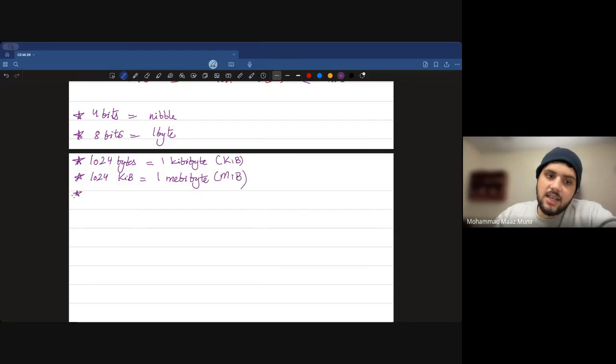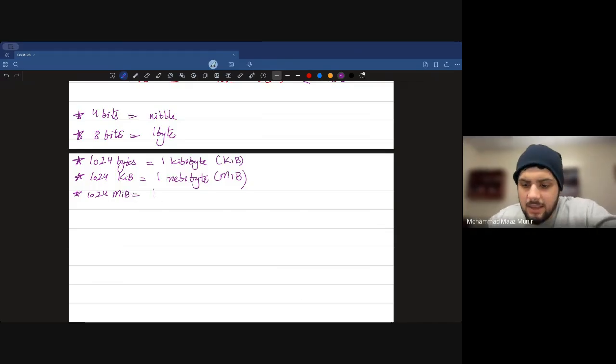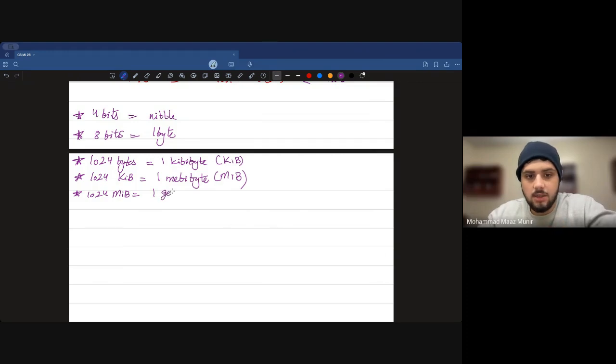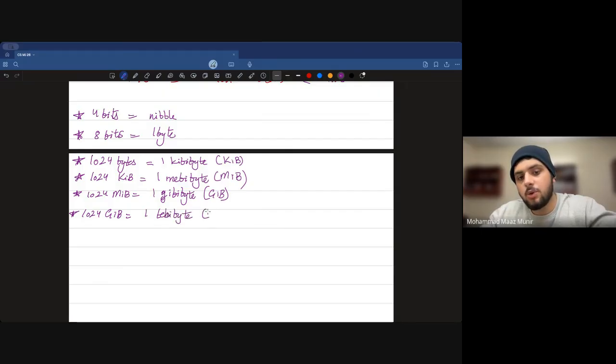And just like that, if I have 1024 mebibytes, that equals 1 gibibyte, represented as GiB. And if I have 1024 gibibytes, it equals 1 tebibyte, with the notation TiB.